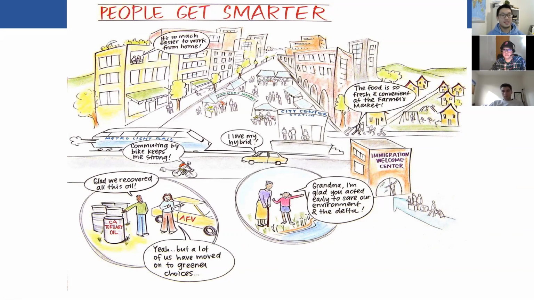And so in this case, people think about commuting via active transport more or through cleaner modes of transit. They change to alternative fuel vehicles. And right, they eat local sustainable food.